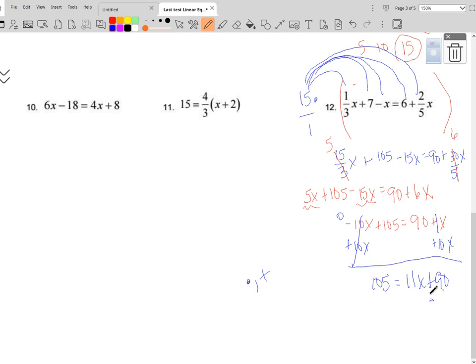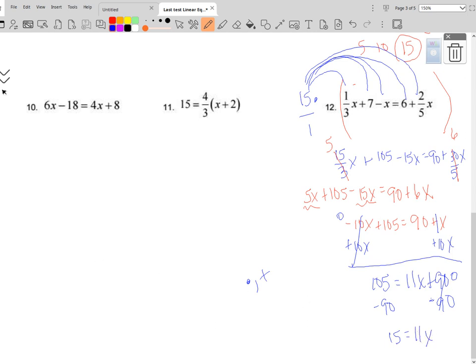You're always subtracting whatever you're adding, you're always adding whatever it was being subtracted. That exact same thing. We want the opposites there. Opposites are the exact same digits, but different signs. And when you add together, they equal 0, and that's what we're going for here. 105 minus 90 is 15 equals 11 times x.